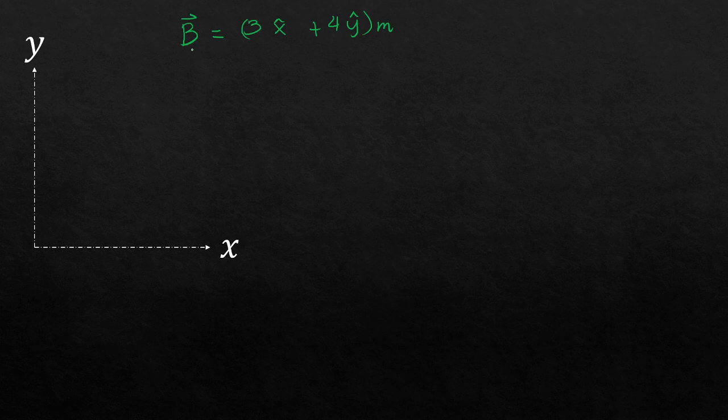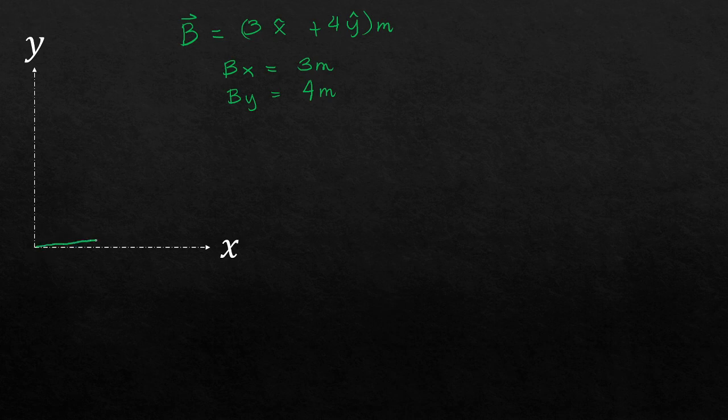So to better understand this, let's plot. Okay, so we can say from the given that the X component is actually 3 meters along the positive X axis, and the Y component is actually 4 meters along the Y axis. So given the components, again a rough representation.